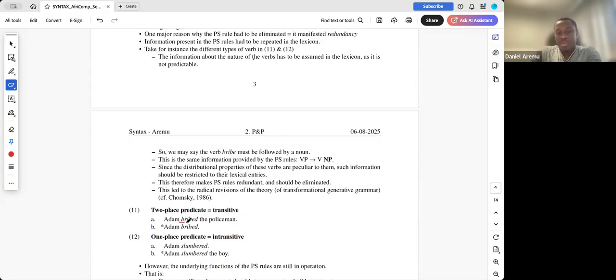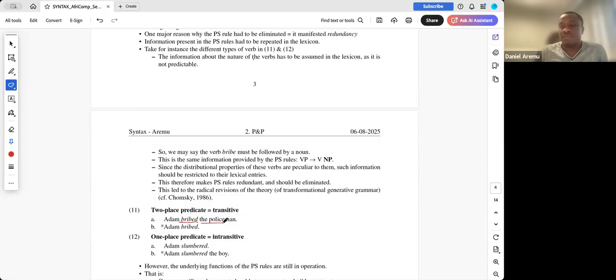Now, the verb bribed in 11a, we know, is a two-place predicate, because it takes Adam. When you say something is a two-place predicate, it takes two arguments. So it takes Adam as one argument, and it also takes the police as another argument.